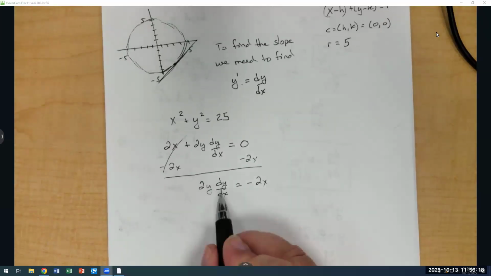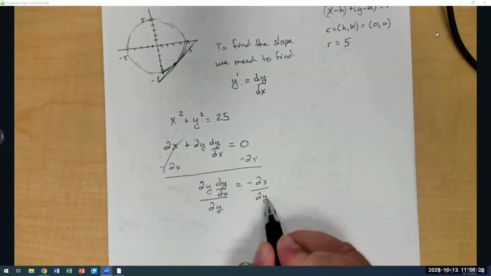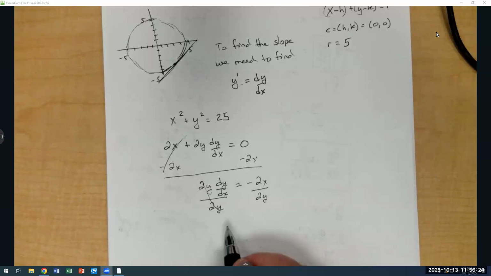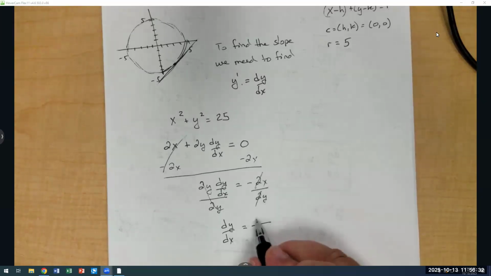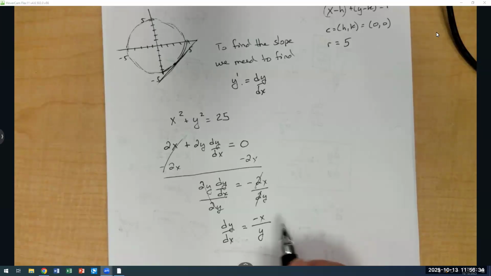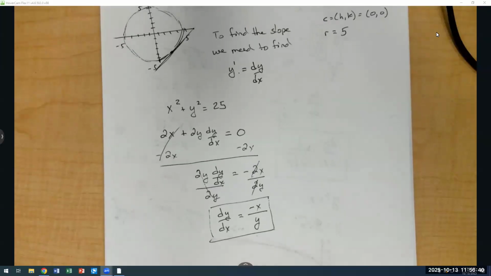Then get rid of the 2y, divide both sides by 2y. So dy/dx is equal to, the 2's cancel, so we have negative x over y. That's dy/dx.